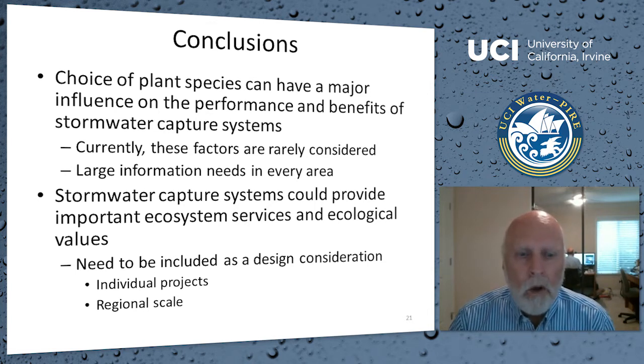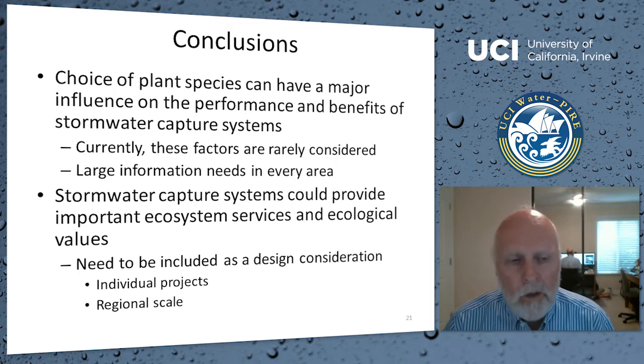Although I think those are very important considerations, they're rarely factored into biofilters as they're currently being constructed. There are large information needs in every area, and not enough studies to tell us what would help us optimize plant selection.